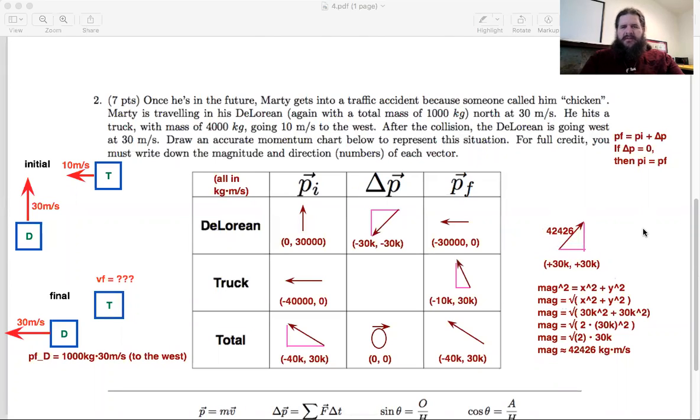And we also want to label the direction. For direction, we typically use the angle that the vector makes with the positive x-axis. So we're looking for this angle here. And how could you find that angle?